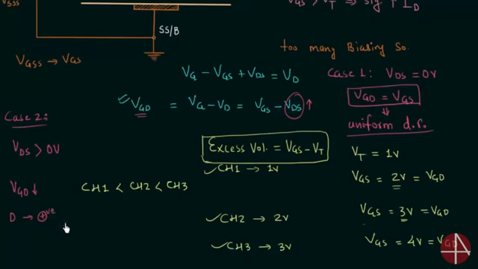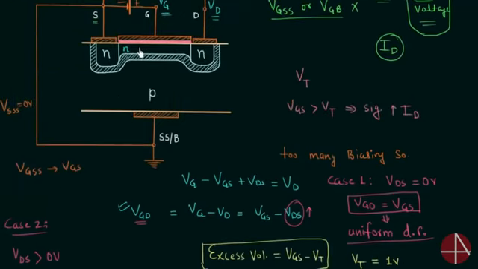And a very interesting thing will happen. VGD is reducing. It is no longer equal to VGS, and we can say that the depletion region is no longer uniform because VGD is not same as VGS. Let's see the N channel, and according to case number 2, drain is becoming more positive, so this region is getting less positive voltage as compared to this region.